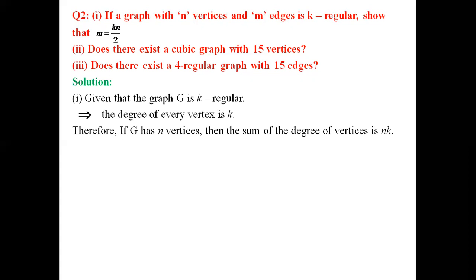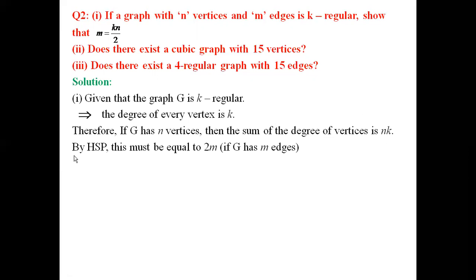In the previous problem, we did it. If we know the number of vertices in the graph, and if we know the degree of every vertex, which is nothing but k here, then the sum of the degrees of the vertices will be the product of those two, number of vertices into its degree. So that is how we got n into k.